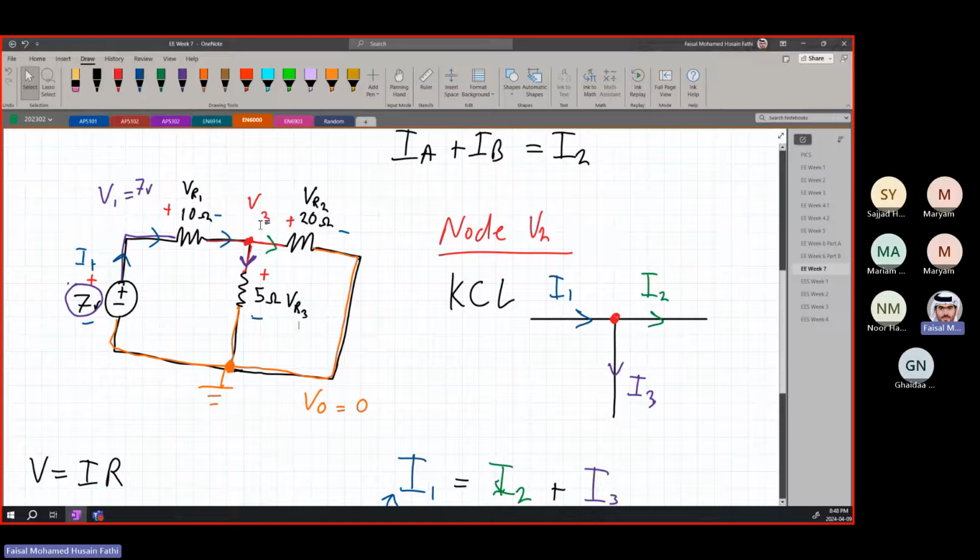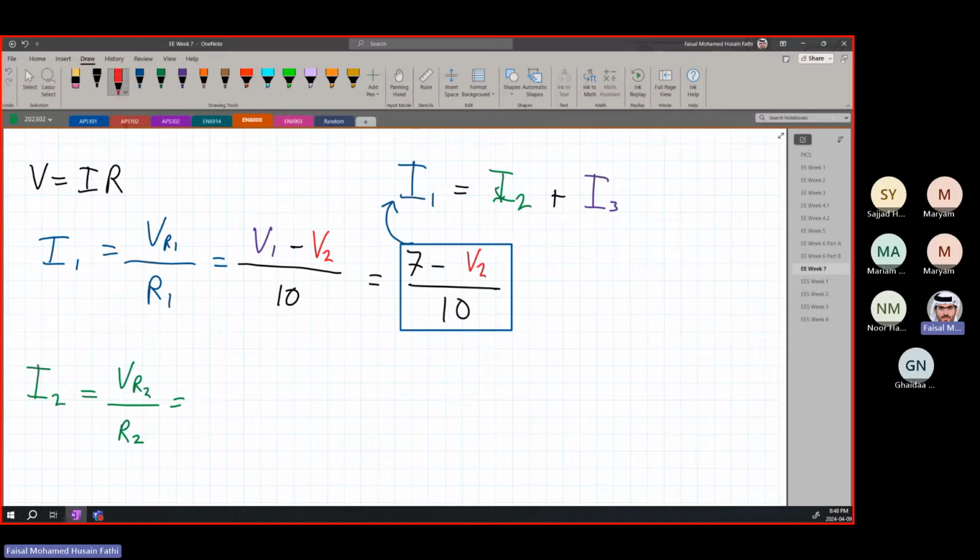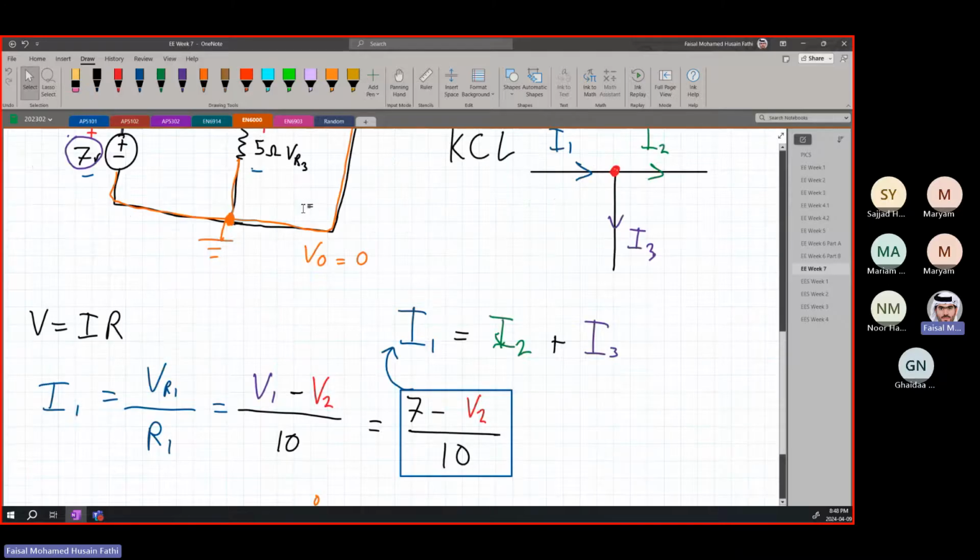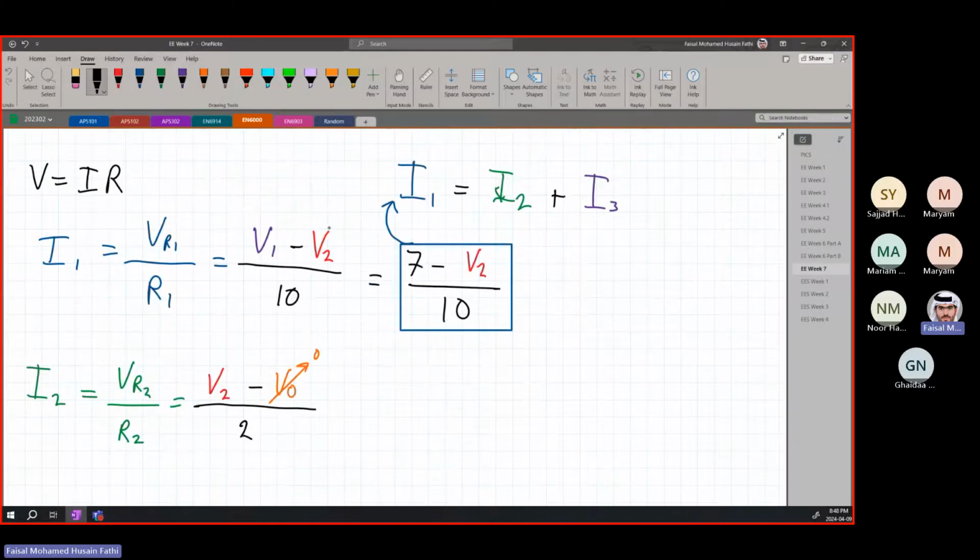VR2 is equal to V2, which is at the plus side, minus V0, and we know that V0 is equal to 0, all over R2, which in this case is 20 ohms. If we simplify this even more, the V2 by itself at the top is over 20. That is what I2 is equal to.